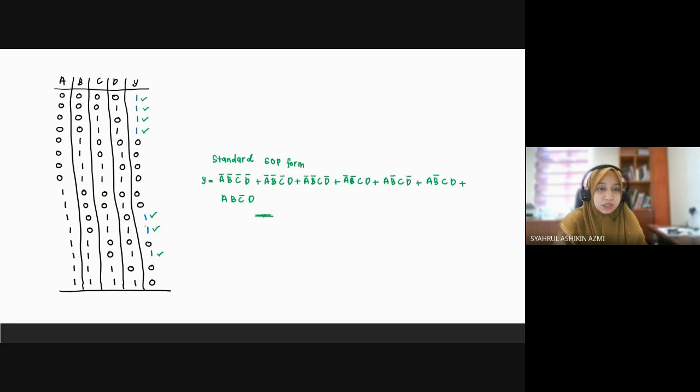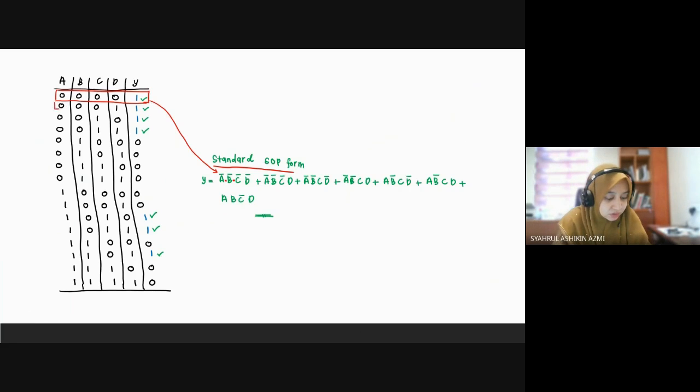So once we put it in this truth table here, in order for you to provide this standard SOP form, you need to include all these inputs, just this one here, right? So this one here will be A bar, B bar, C bar, and D bar. Okay, this is SOP, so the individual variables will be dot product. Meanwhile, all these terms will be connected by an OR, or we call it plus.